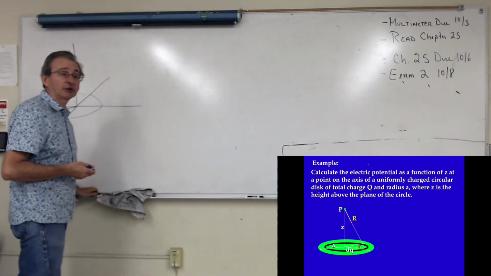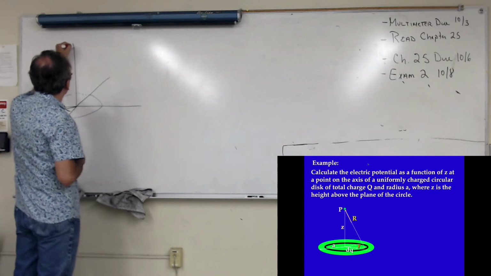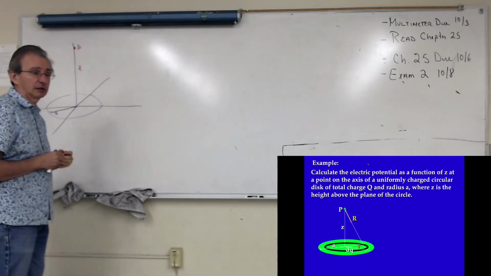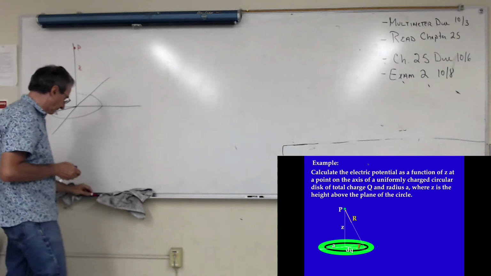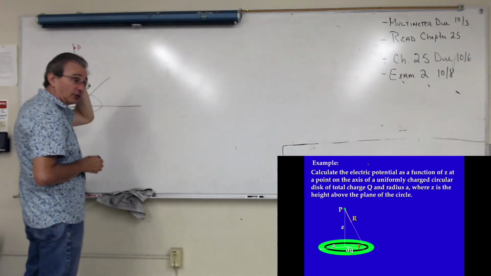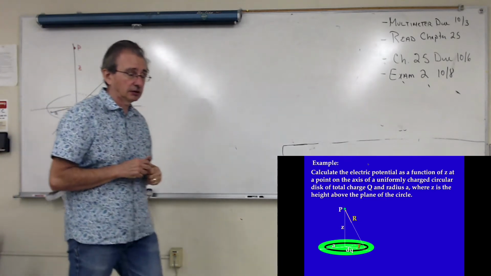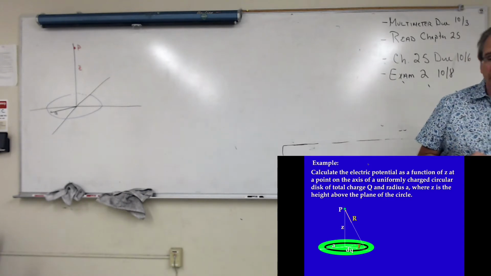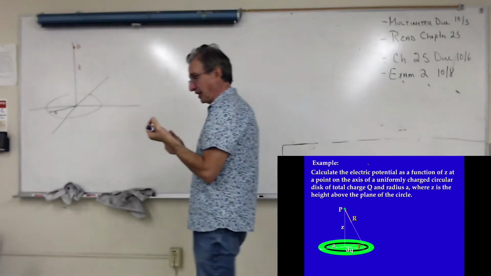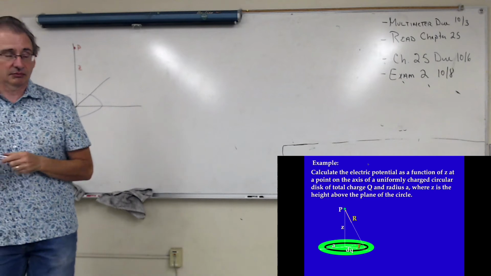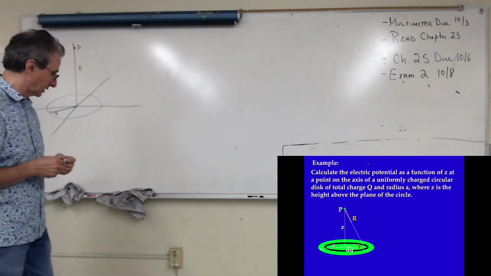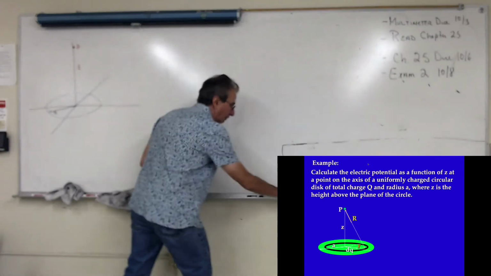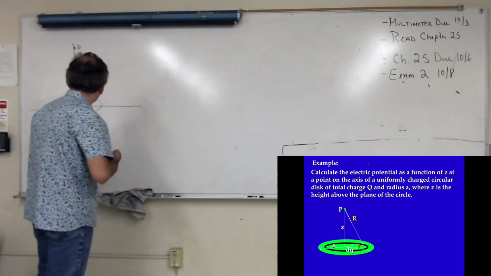We want to determine the potential at point P. This is z above the plane. And how am I going to break up my disk? I want to break it up into pieces so that anywhere around the disk, V is the same. This is uniformly charged. I can break this up into a bunch of rings.